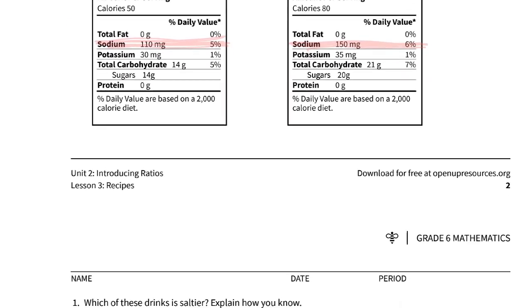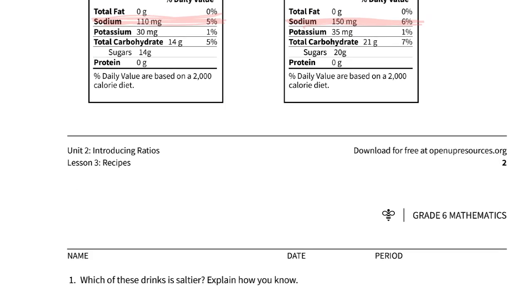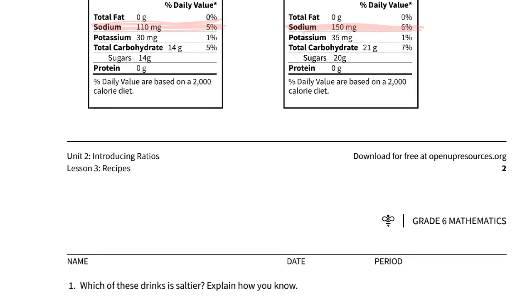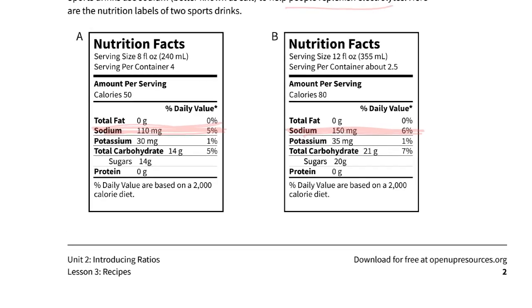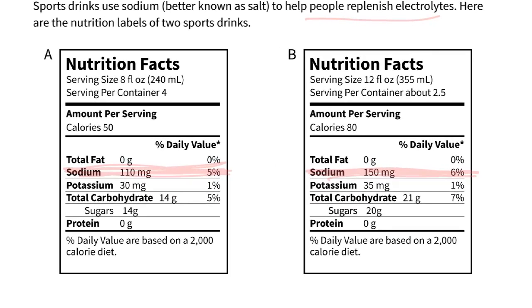Now we're going to go down, and it says, which of these drinks is saltier? How do you know? So if we look at this, which one is saltier? Well, clearly it looks like this has 150 milligrams where this has 110. But that's 110 for 8 ounces, whereas this is 150 for 12 ounces.